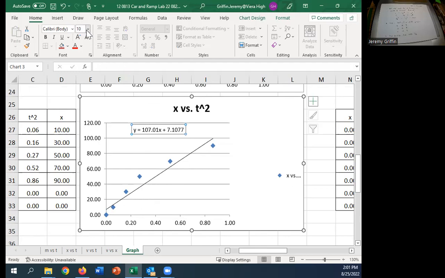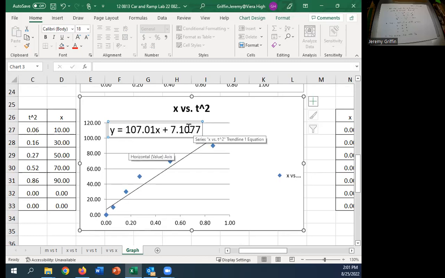Right, so we got an equation here. Let me blow up this equation so we can take a look at that, and let's interpret this while you guys are jotting down the rest of that graph. All right, so do you guys see how that line goes really close to the origin? In fact, ideally it would go through the origin, right? Because if 0 time passed, the car shouldn't have rolled anywhere, right? So Excel gave us an equation that's in the form y equals mx plus b.